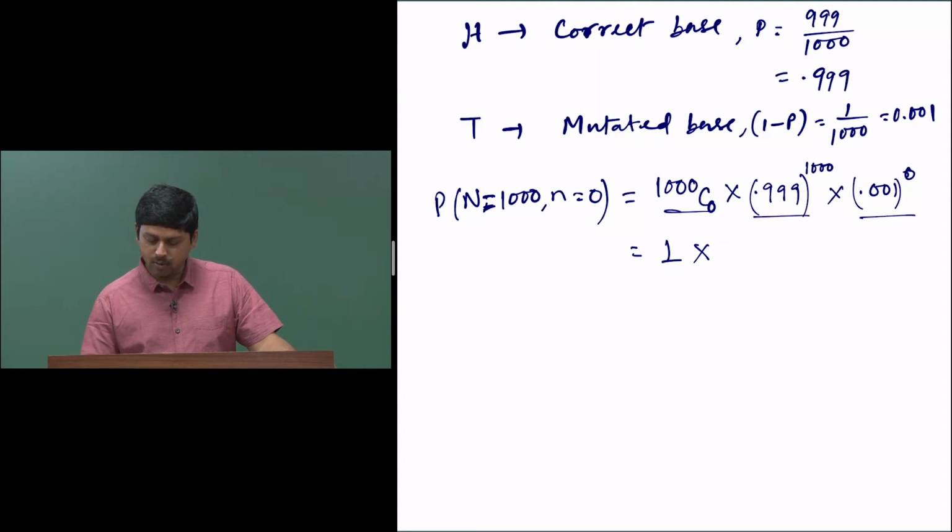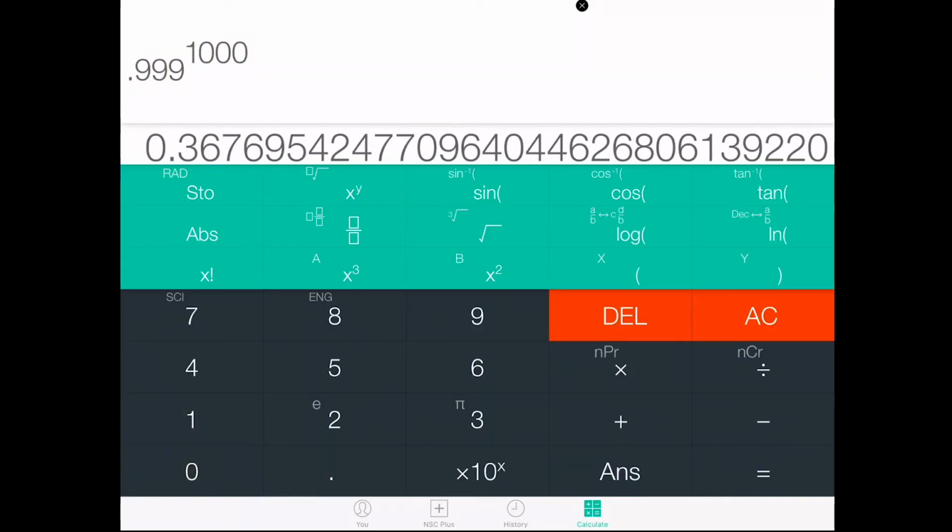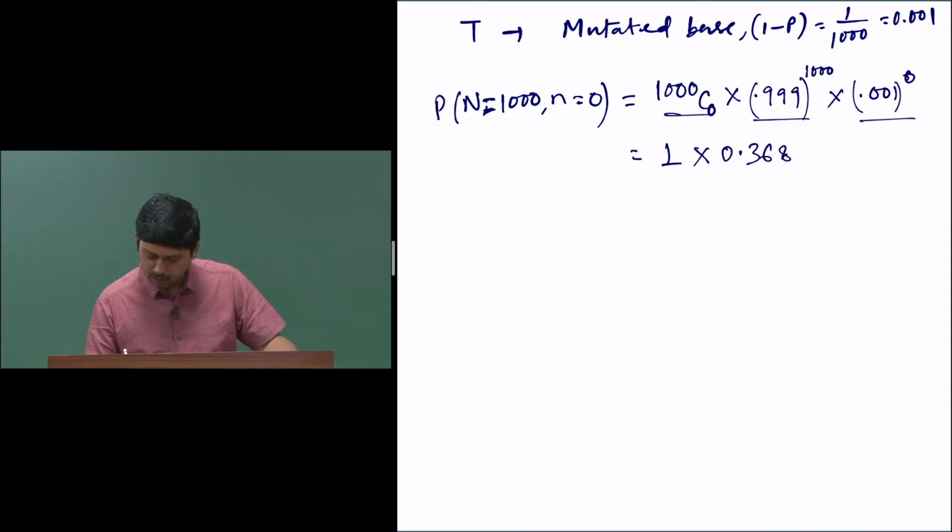This one we have to calculate, so let us use the calculator. 0.999 to the power 1000 is 0.368, and 0.368 into 1 is 0.368.